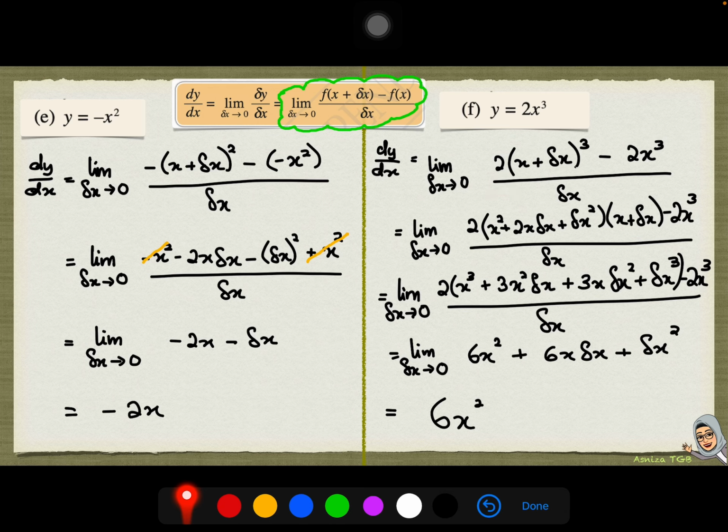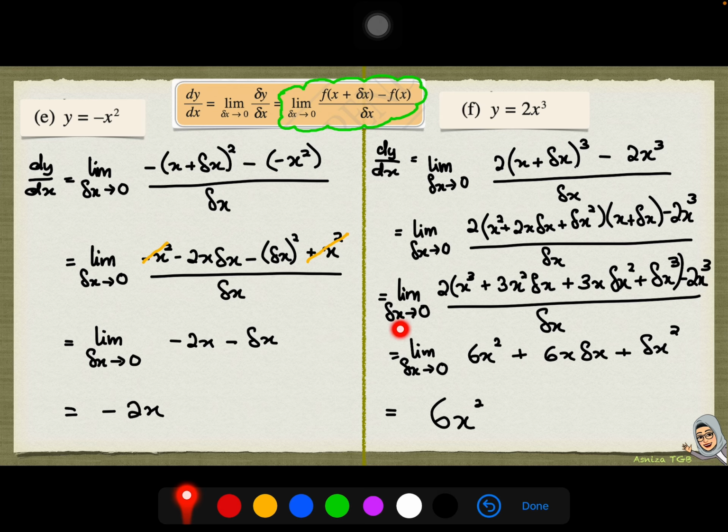Here you need to be careful, where you have to expand x plus delta x cubed. It is x plus delta x squared times x plus delta x. Expanding x plus delta x squared, we have x squared plus 2x delta x plus delta x squared, and then multiply with x plus delta x. Remember the last term is minus 2x cubed.